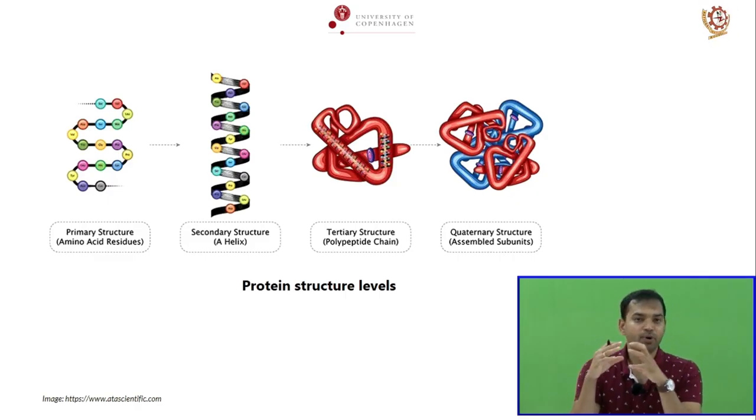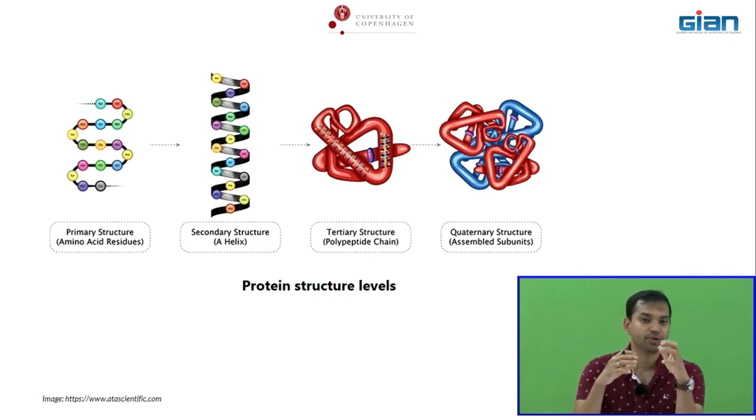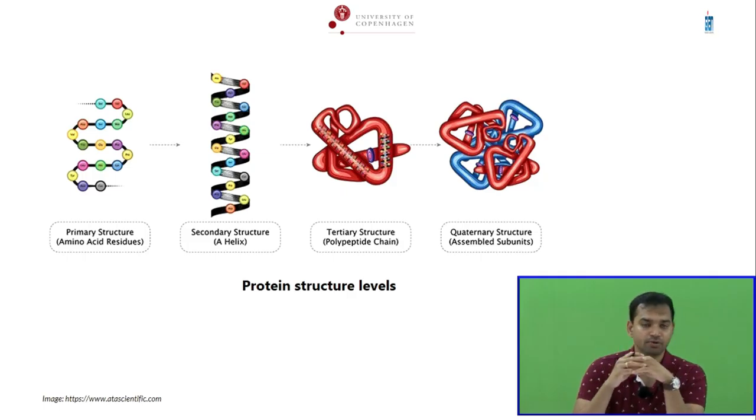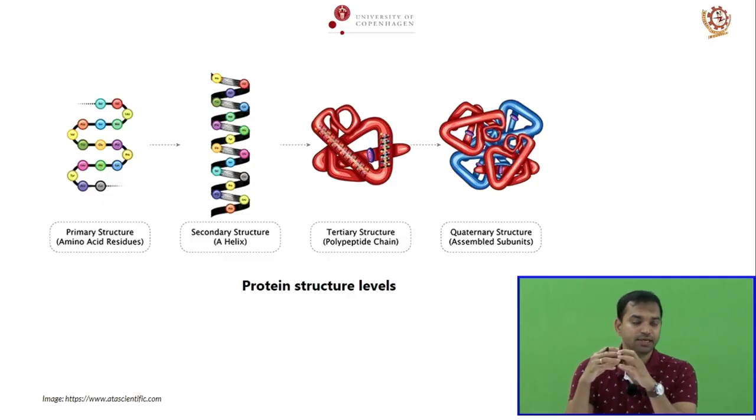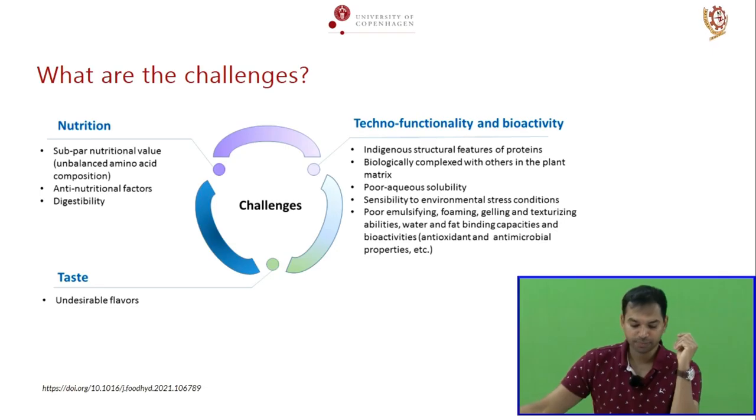All of them are important in building the food structure, right? Food structure is largely because of protein. Of course, carbohydrates and other things also play a role, but protein has a lot of role in developing food structure. Structure also determines texture. Texture is very important, right?